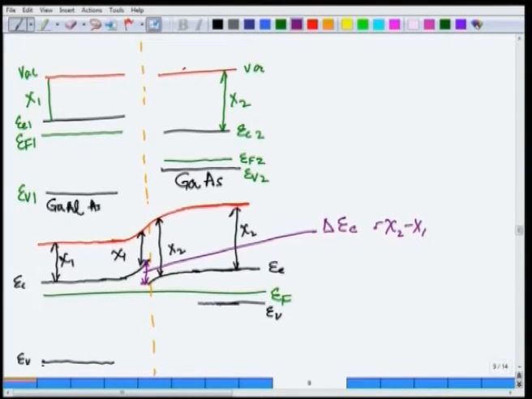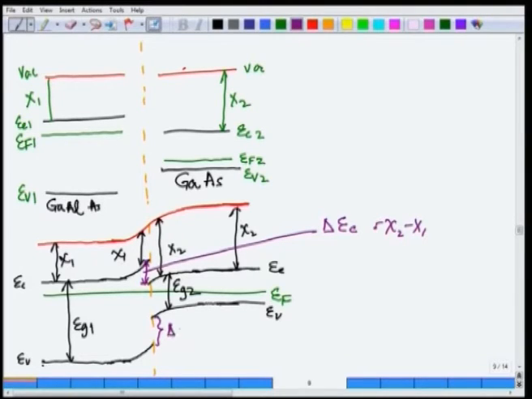And now, similarly, I am going to draw this part of the band diagram. It must exactly follow that, because everywhere it should be Eg1, and this must follow exactly like this, because everywhere it should be Eg2. And what is this quantity?